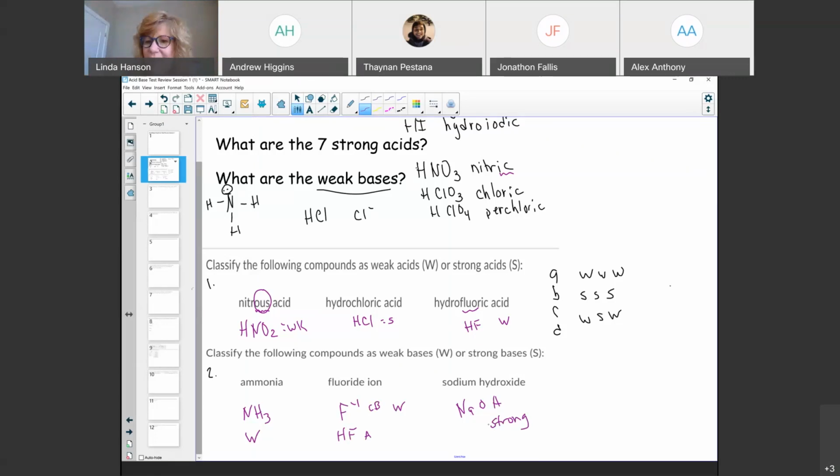Let me give you a moment to see if this jogs any questions about how to identify a strong or a weak acid or base, and feel free to enter that into the chat if you have questions related to recognizing acids or bases being strong or weak. Any thoughts? Enter them into the chat or turn on your microphone, of course.